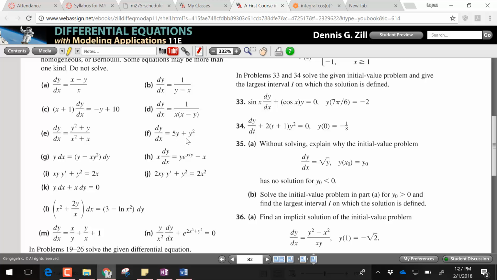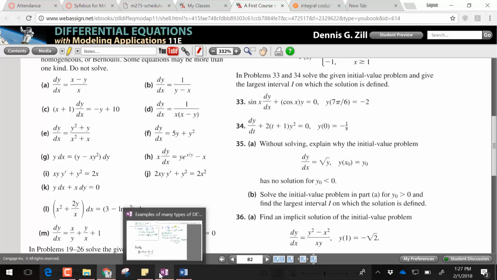Oh, that's also separable. Yeah, correct. Bernoullis are nonlinear. Should we try to do number 34? Yeah, let's do number 34, and then we'll move on.